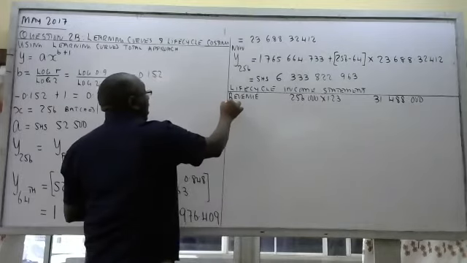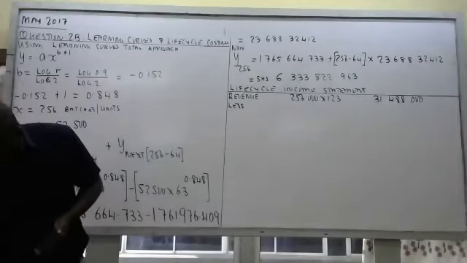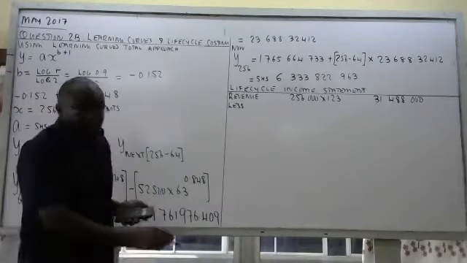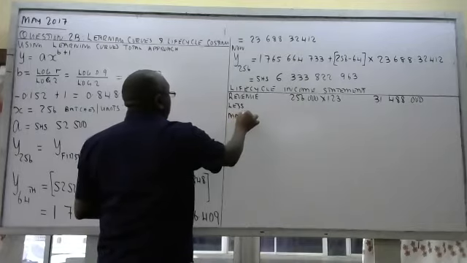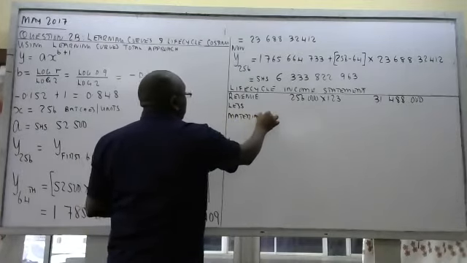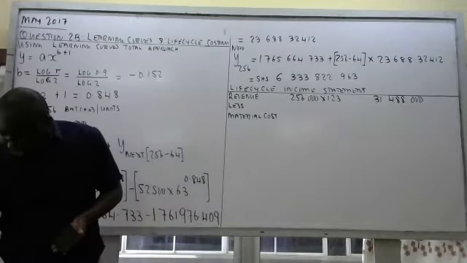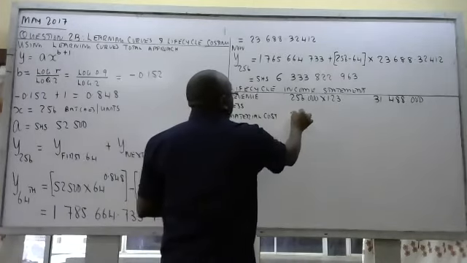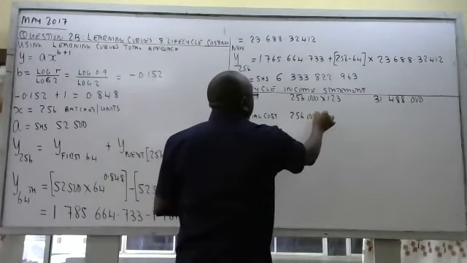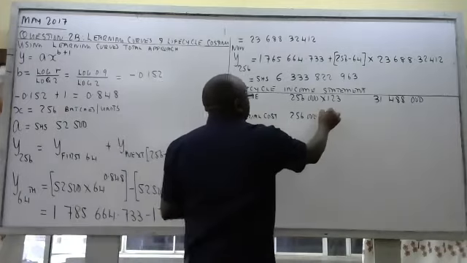Then you say less materials cost. Material cost is also provided on a per unit basis. So it is 256,000 times 36.